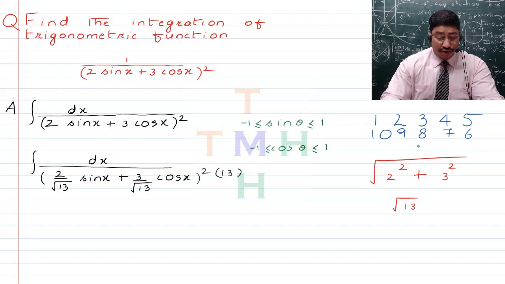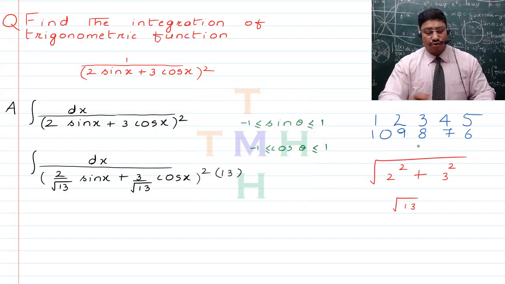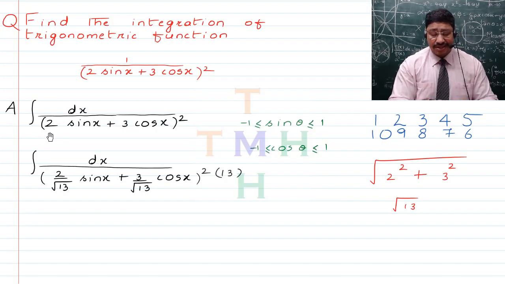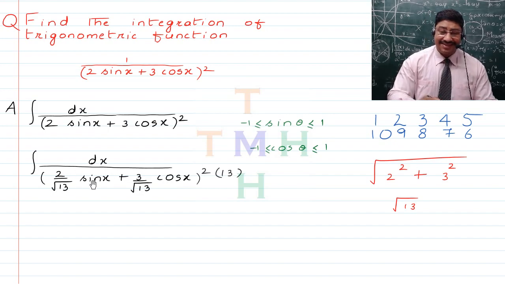And for any real value, the final value comes between -1 and 1, for both of these cases. Obviously, if you talk about this 2 or this 3, they are not in this range, that is between -1 and 1, and thus we require to bring them into this range.